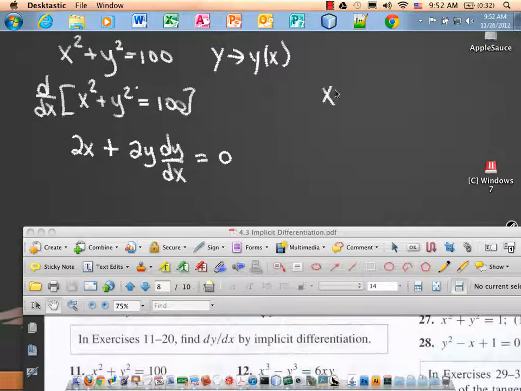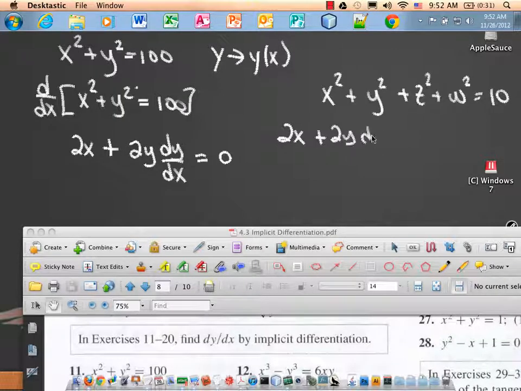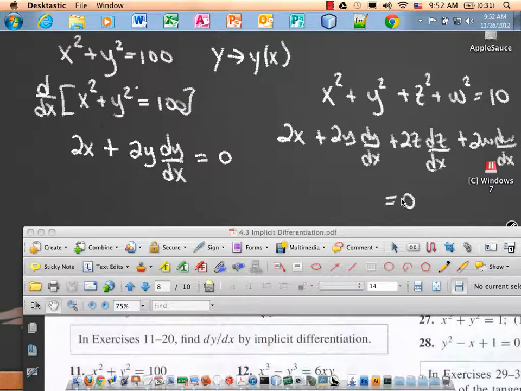Cody, if I had x squared plus y squared plus z squared plus w squared equals 10, you don't have to write this down. And if I took the derivative of this, it would be 2x plus 2y dy/dx plus 2z dz/dx plus 2w dw/dx equals 0.